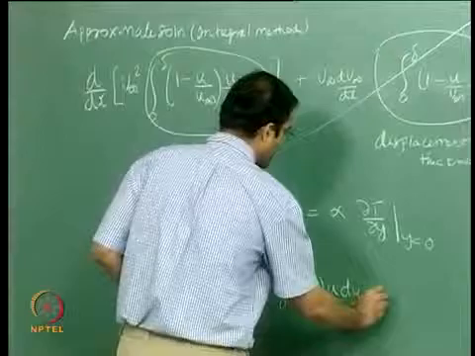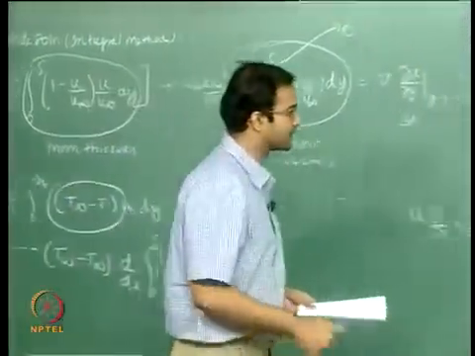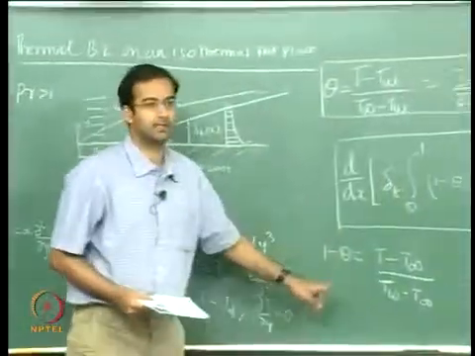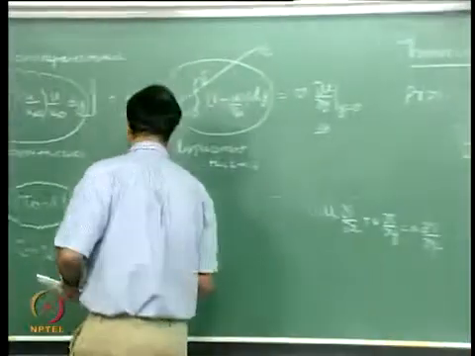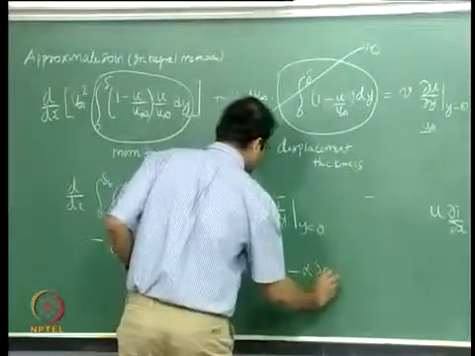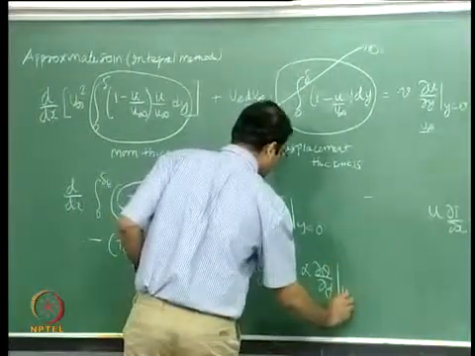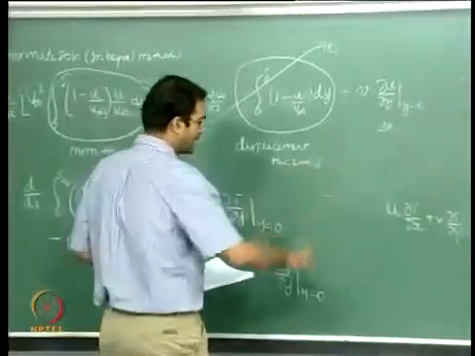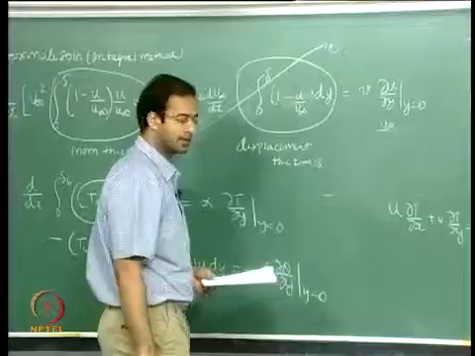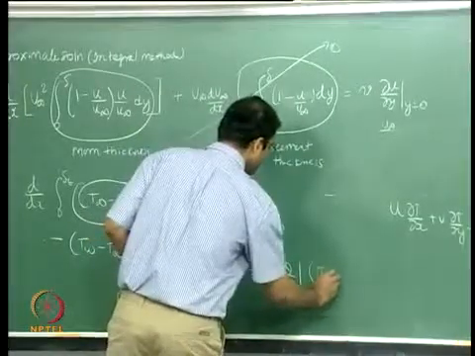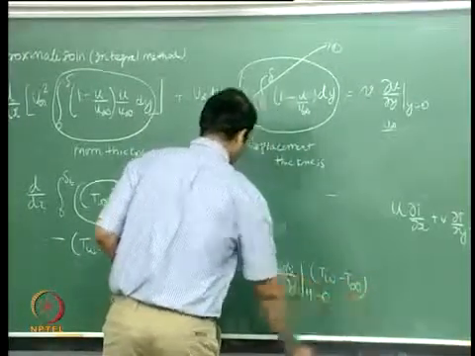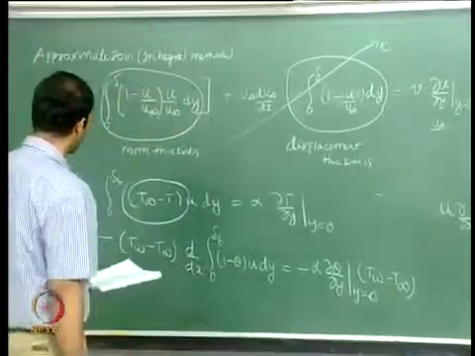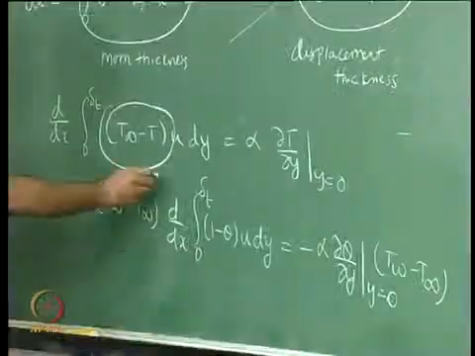Okay, on this side I have dT by dy, which is nothing but minus d theta by dy. So this is minus alpha d theta by dy at y equal to 0 into T wall minus T infinity. Okay, so I think now this cancels.